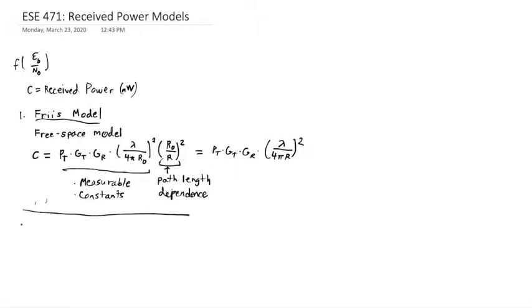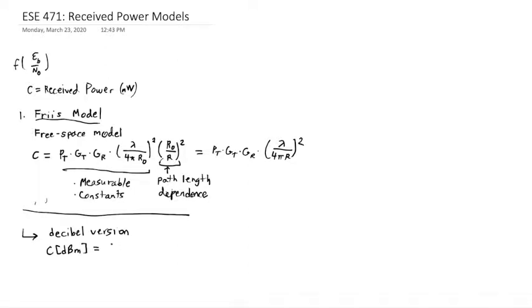Now for the Friis model, I'm going to separate this and talk about the decibel version. In decibels, we often write that something is in dB, so here for received power, I'm going to write dBm to specify the units explicitly when I convert something to dBm.